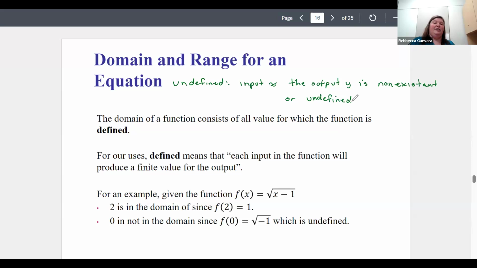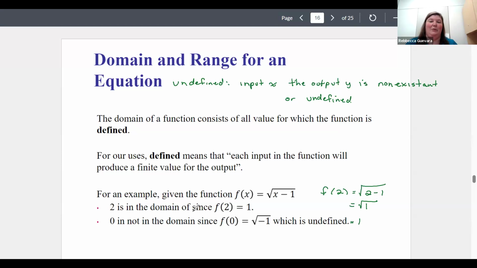So this first case here, when we're talking about roots, these are going to be cases where it's just simply non-existent. For example, if we have f of x is equal to the square root of x minus 1, 2 is in the domain, because if I do f of 2, I just replace x with 2, I get the square root of 2 minus 1, the square root of 1, which is 1.